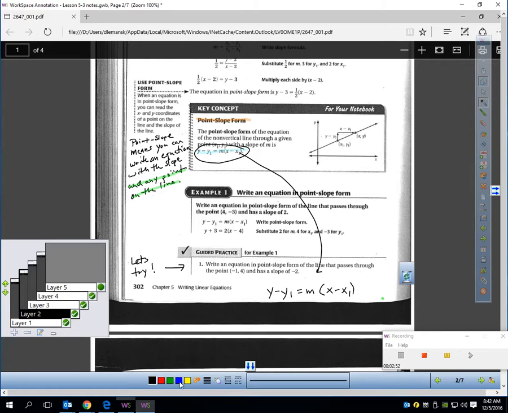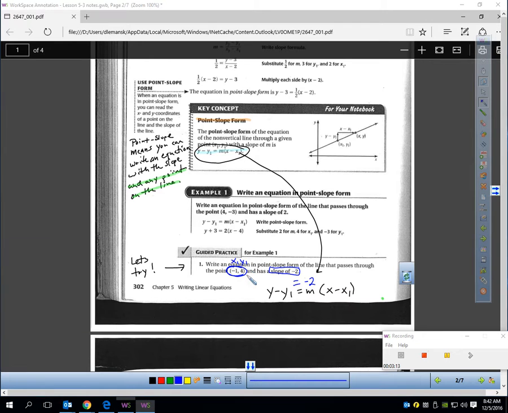And I'm going to write the correct equation in blue. What's my slope? Well, it's right here. My slope is -2, so where you see m, put in -2. My point is (-1, 4). So where I see x sub 1, I want to put in -1, and where I see y sub 1, I've got to put in a 4.